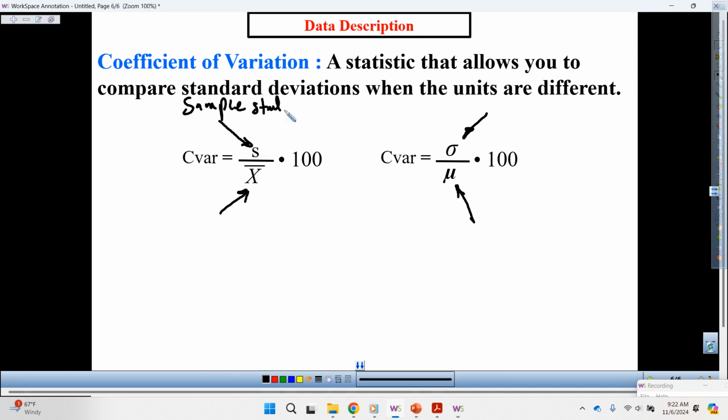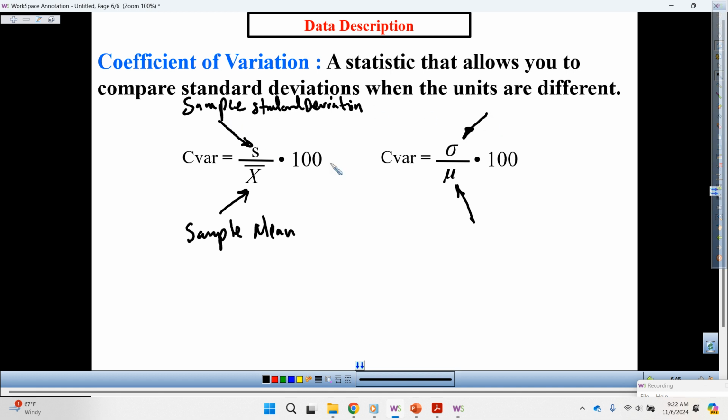Label that, please. Standard deviation. Yeah, variance has the little square on it. Okay. How about the bottom part? Martin. Sample mean, that is correct. All right. How about this side?